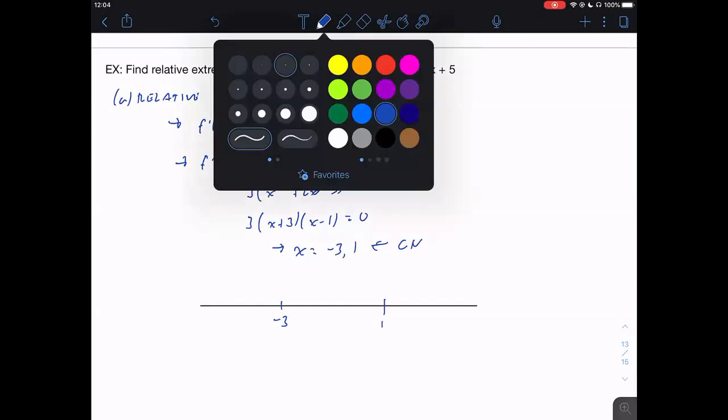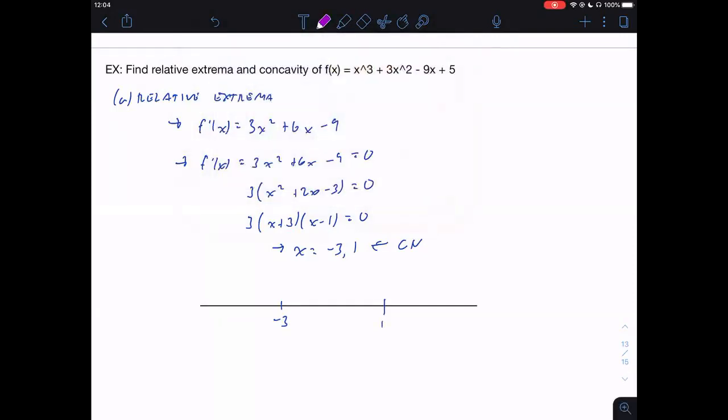Now pick any test points before, between, and after our critical values. Say, in this case, negative 4, 0 between negative 3 and 1, and then 2. And then recall, we plug these test points into the first derivative.